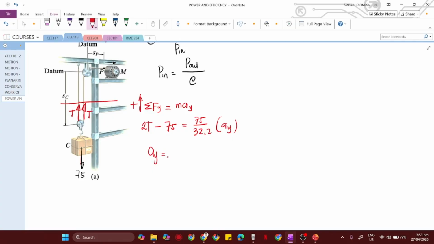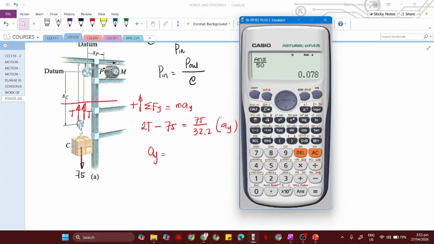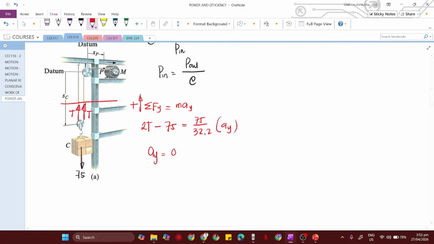Okay, so basically we have here 2 times 32.2 all over 75. So that is 0.8587.